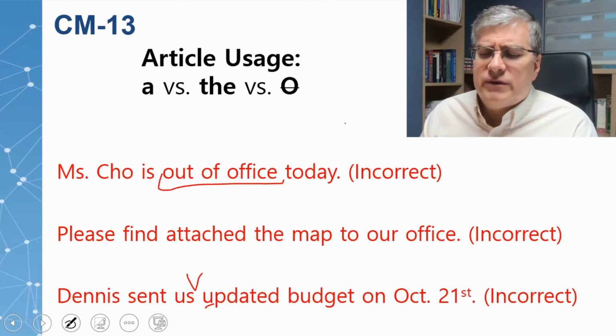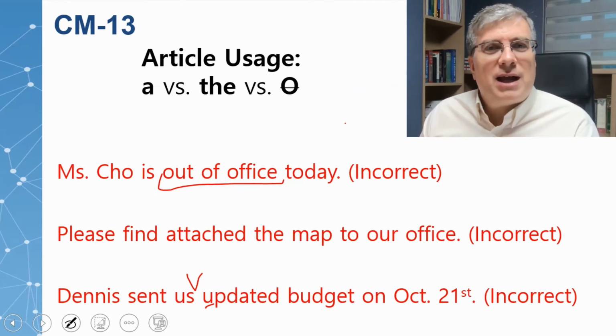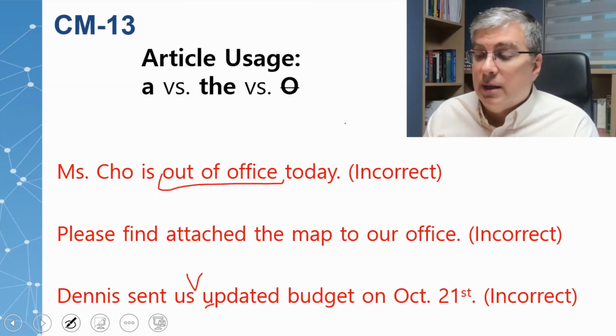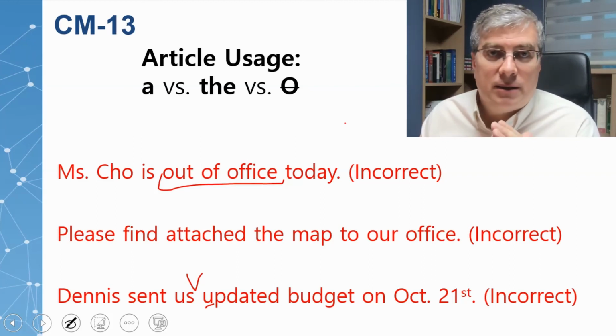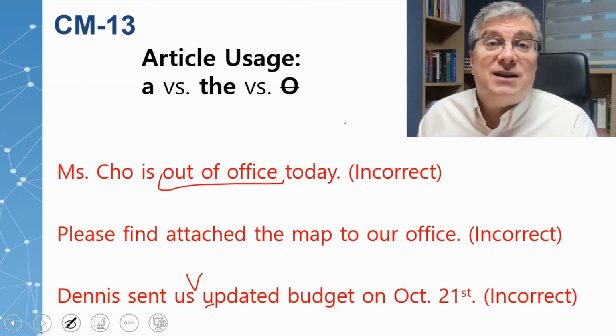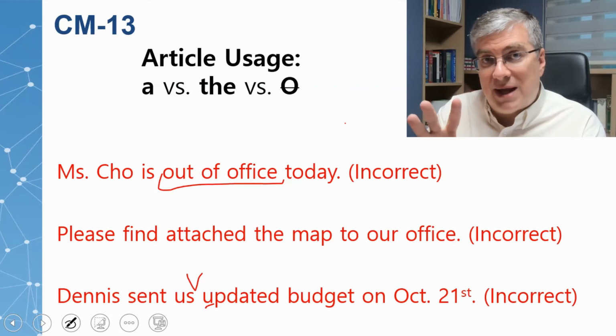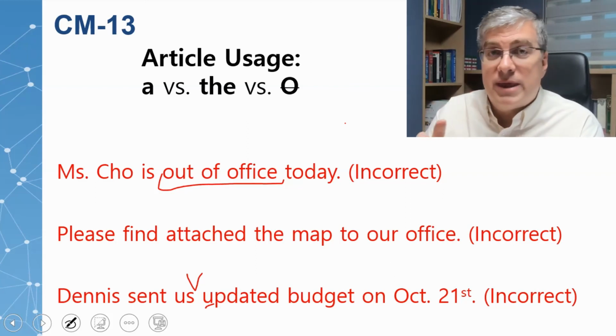So you're implying that you're not sure if that's the final budget. Maybe there have been some changes to it. But if you say Dennis sent us the updated budget on October 21st, that's the final budget. That's the latest, most recent one. So it's interesting how, depending on the context, you will use a or the.